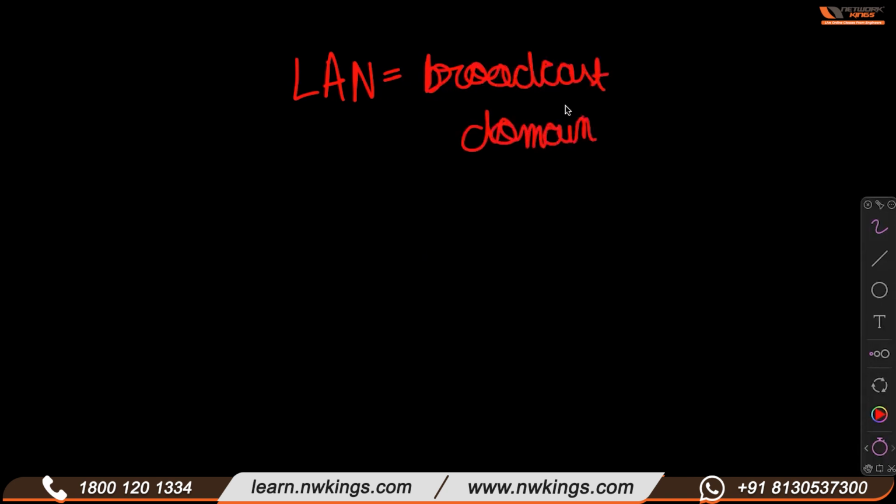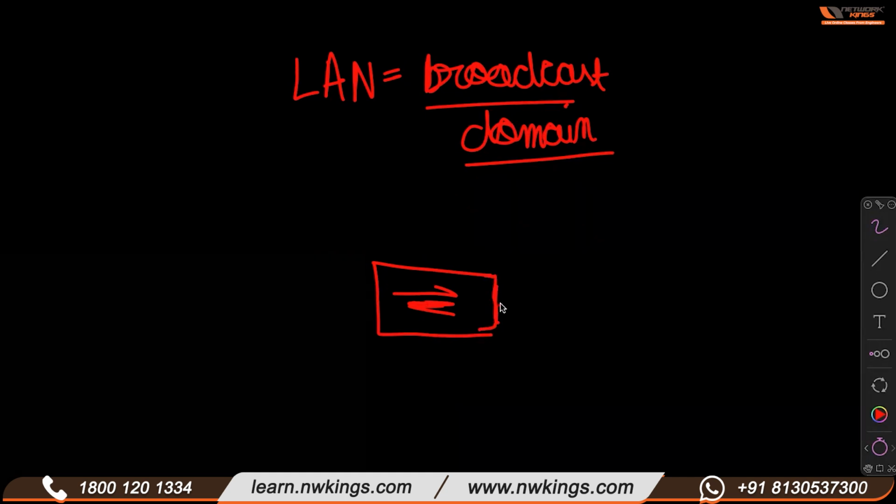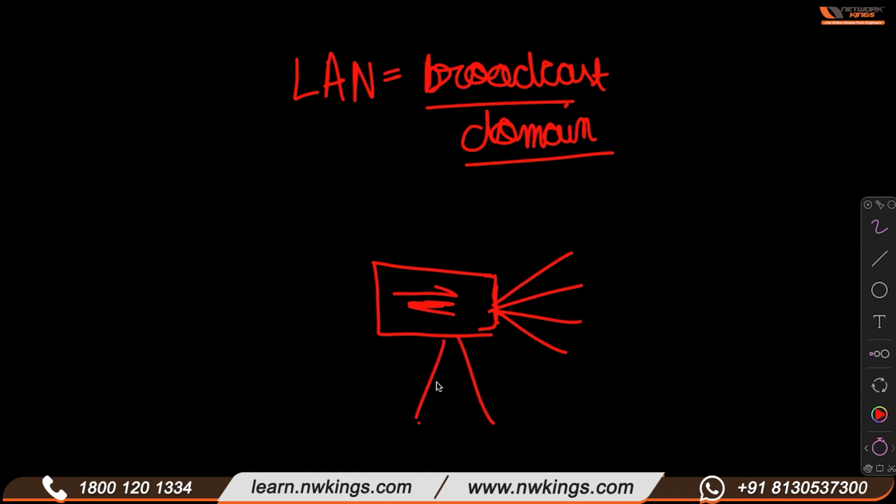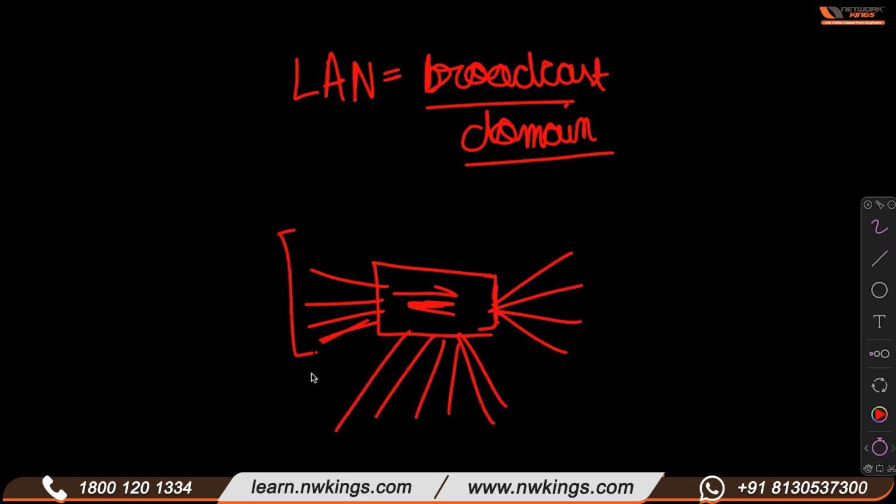Which means that if I'm running a small startup and I want to bifurcate my network into smaller networks, because I need to ensure private communication between different departments inside the organization, I can do something at layer 3.